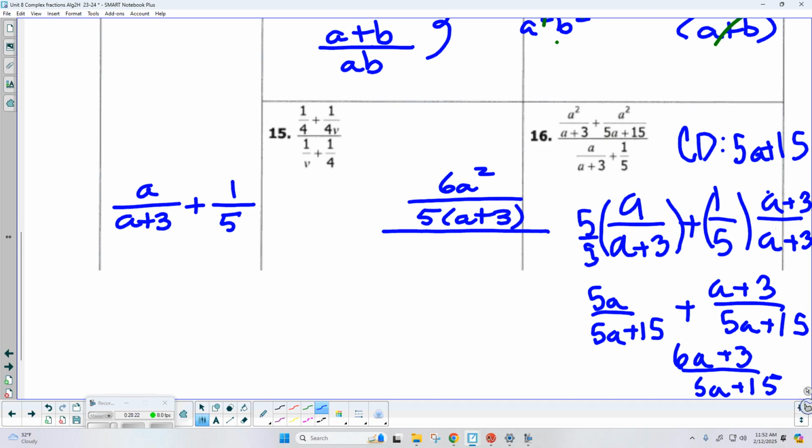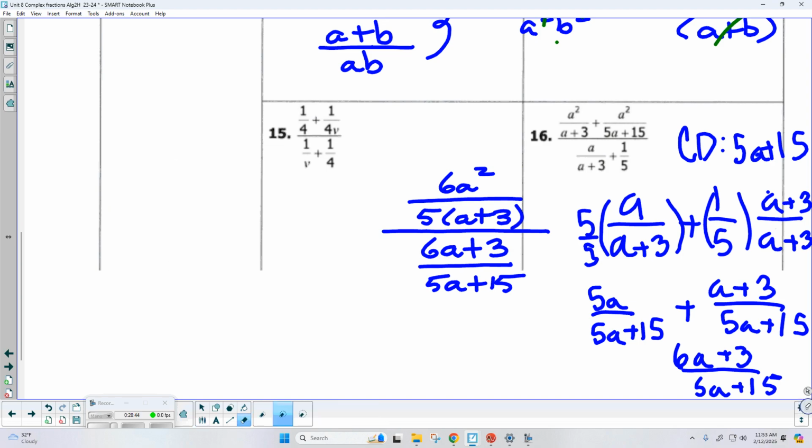Fantastic. Okay. Good. So we now have the bottom is 6a plus 3 over 5a plus 15. So this is where we're at.